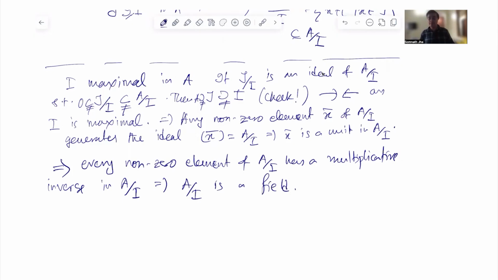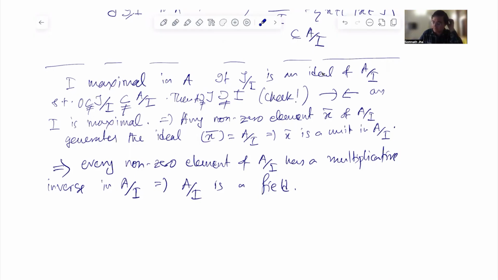Okay, so how did we prove it? If we assume that I is a maximal ideal, then in A mod I, the only two ideals are zero and the whole ring A mod I. Because if there is an ideal intermediate between 0 and A mod I, then that ideal corresponds to an ideal in A which strictly contains I, but is not equal to the whole ring A. That is a contradiction to the fact that I is a maximal ideal.